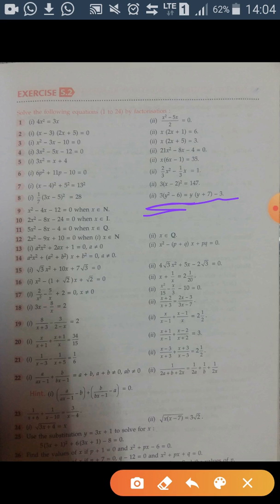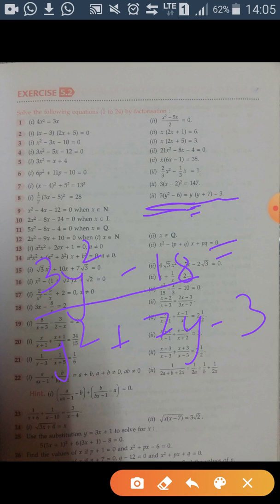So 3 into y square is 3y square, and 3 into minus 6 is minus 18, is equal to y into y is y square, y into plus 7 is plus 7y minus 3. Now you have your left hand side and your right hand side. Bring whatever is on the right hand side to the left hand side, then subtract and solve, and you will get the answer.